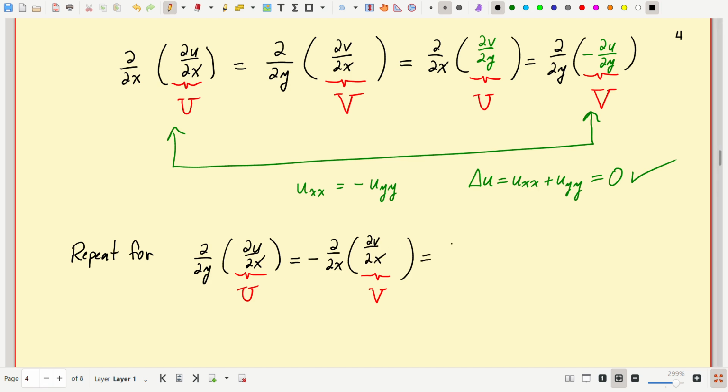And that's d by dy, the other Cauchy-Riemann equation of u, which this time is dv by dy. And there's the one I need. And the final one is minus du dx of v, which is minus du dy.